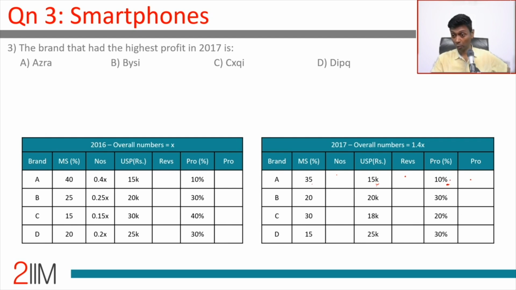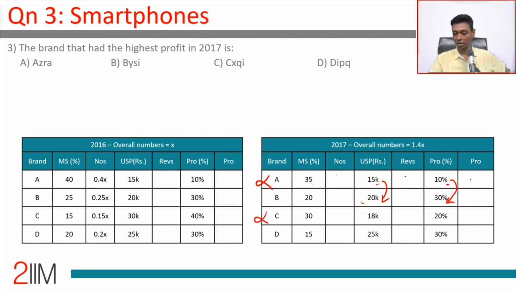And so here the profitability is 3 times. This is higher priced. This is only less than half. This is still more than half. So it is not A. 20% of 1.4 into 20K into 30% will be higher than A. So I don't need to find the number. And so 20%, 20 to 30, 30% to 20%. These two will offset each other. The unit selling price is higher. So B is greater than C.